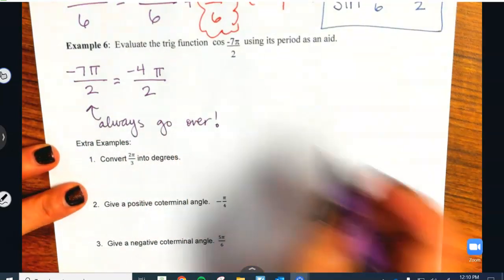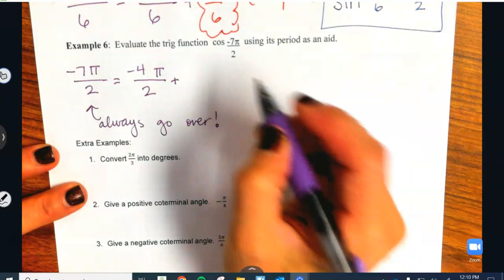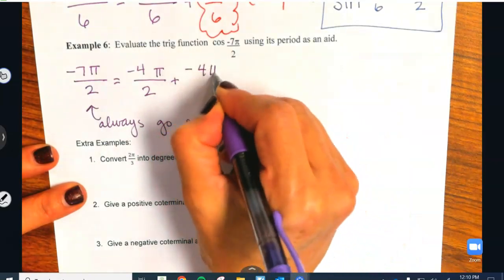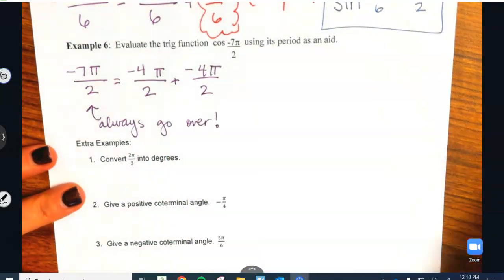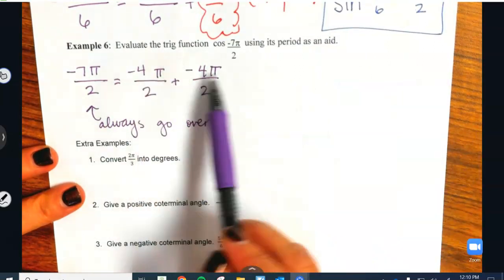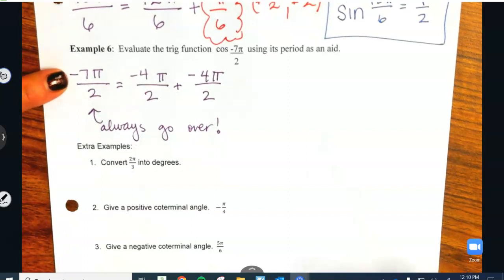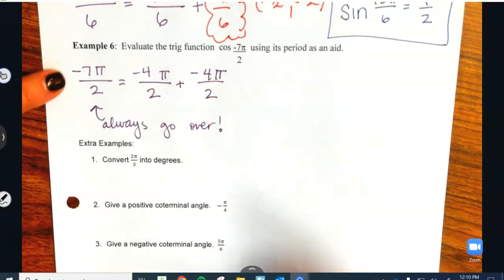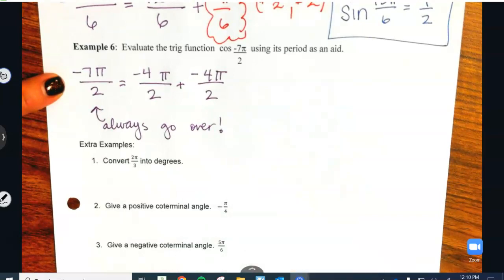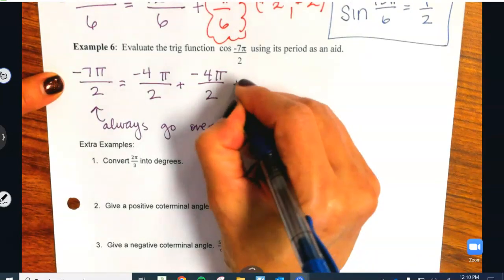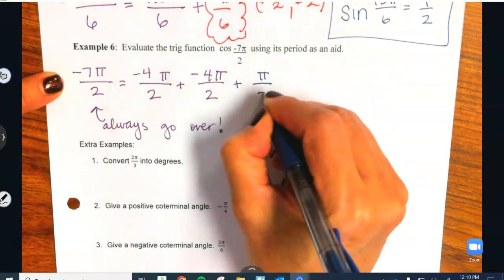Let me show you what I'm talking about. Let's add another negative 4 pi over 2. What is that? Negative 4 plus negative 4 is negative 8 over 2. We went over. Now, what would I add to that to get it to negative 7? You're going to add a positive pi over 2.